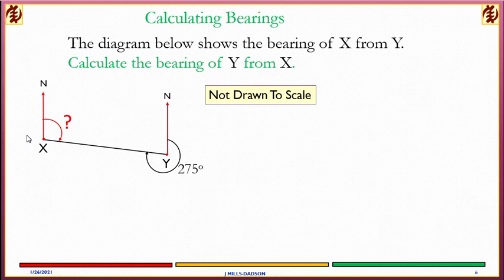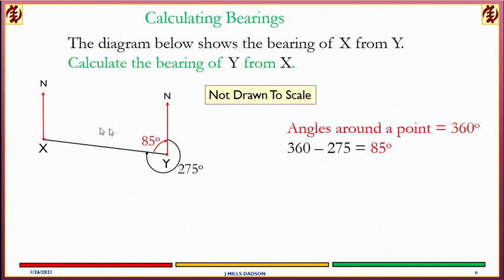Okay, so we start again. We know it's 85 degrees because angles around a point is 360 degrees. So 360 minus 275, 85 degrees. These two angles are called co-interior angles, and they must add up to 180 because they form a C shape. If you review your angle facts, you understand these terminologies.